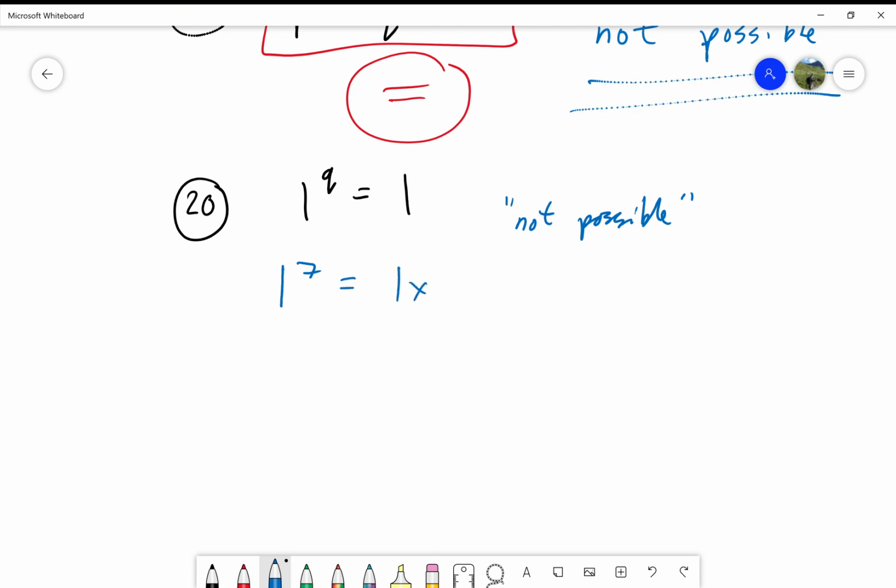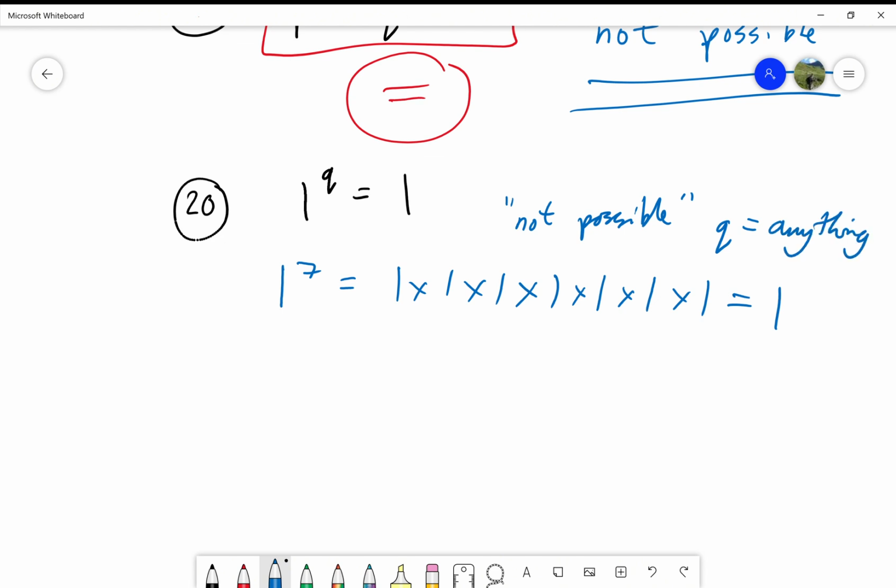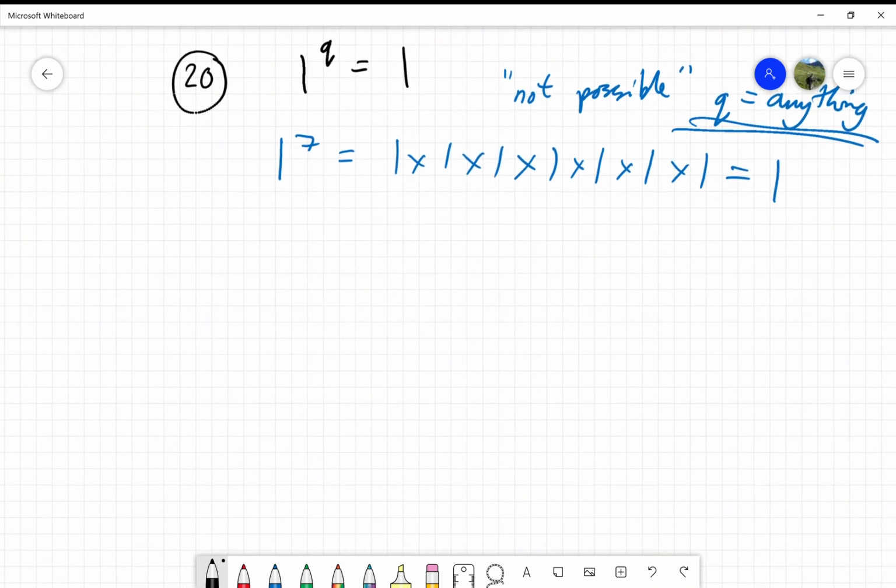Well, that's 1 times 1 times 1 times 1 times 1 times 1 times 1, which is 1. So it doesn't matter what Q is. Q can be anything. Q equals anything, ish. Can it be a fraction? Yeah, I think it can. Actually, I think it can be anything. But let's move on.